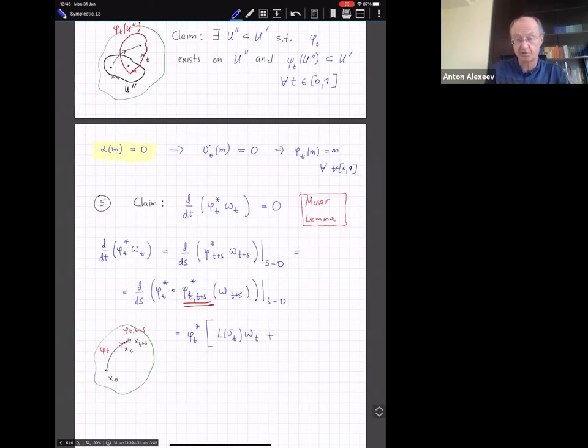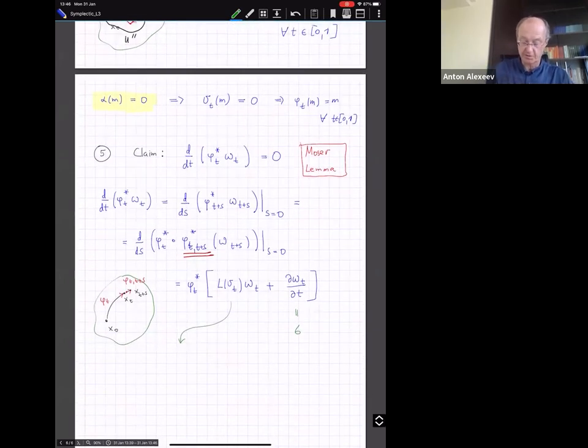Plus, there will be, of course, a derivative of the s dependence in omega, so plus d omega t over dt. So that's the formula. Now, actually, we know what the derivative of omega t with respect to t is. By definition, that was equal to sigma, right?